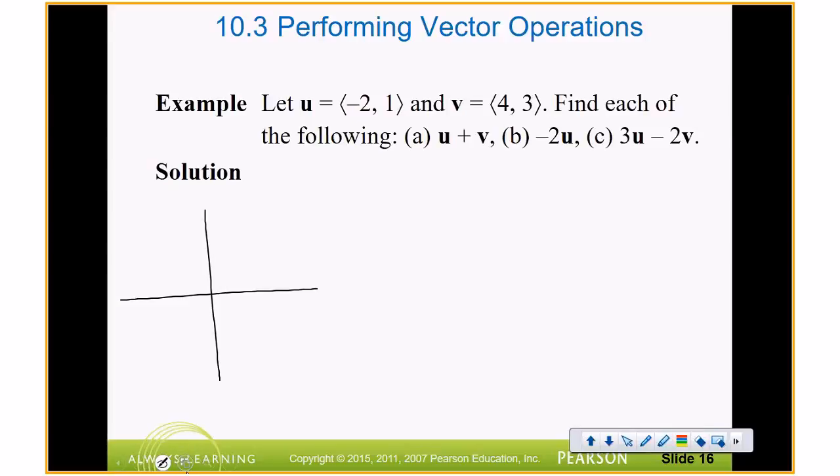We'll do the U in red, -2, and +1. So there's my U vector. And I'll do the blue, if it's Superman colors. That'll be 4.